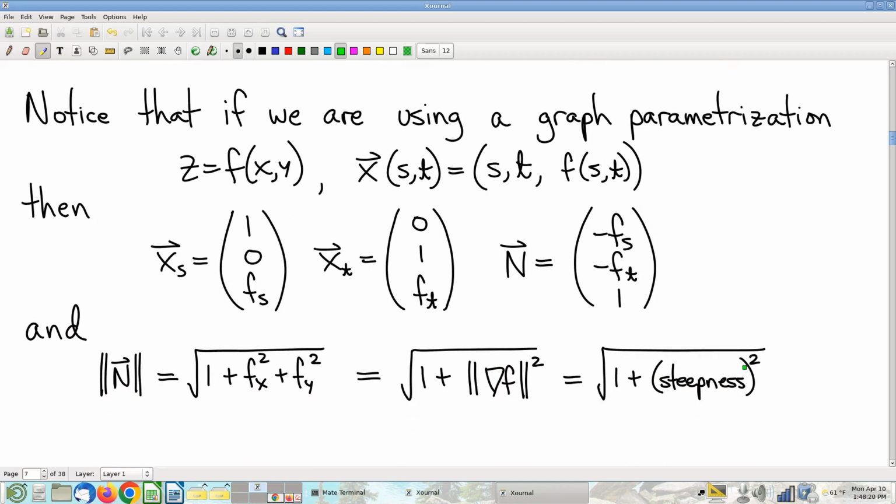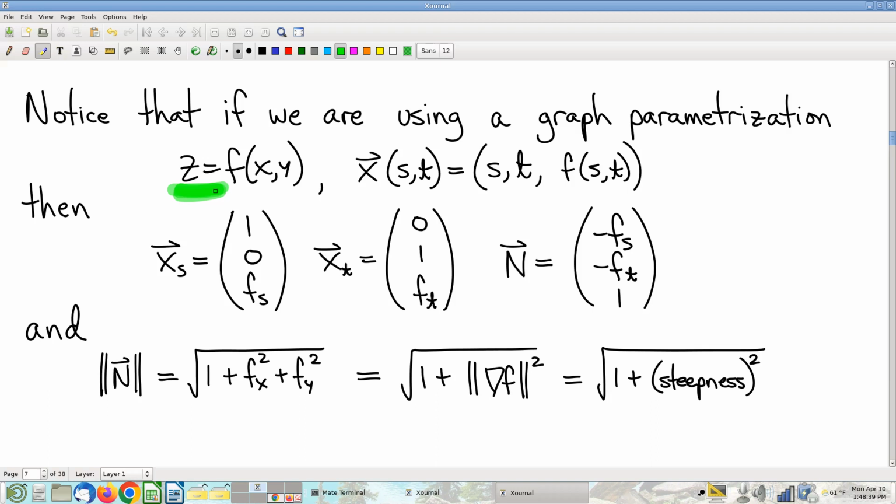There's a particularly nice special case. Namely, what happens to the above formula when you are using a graph parameterization. Remember, lots of parameterizations are graph parameterizations, specifically where you can solve for one of the variables as a function of the other two.